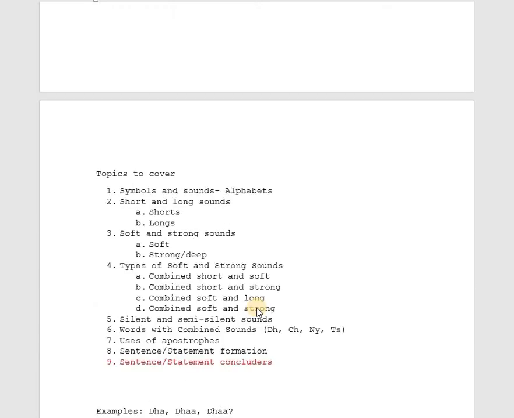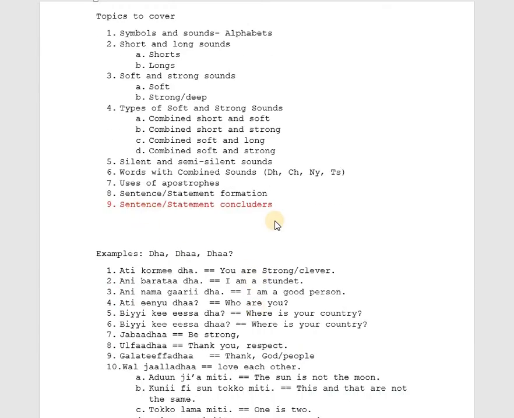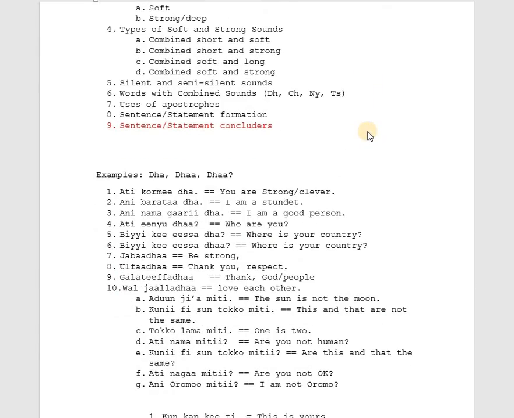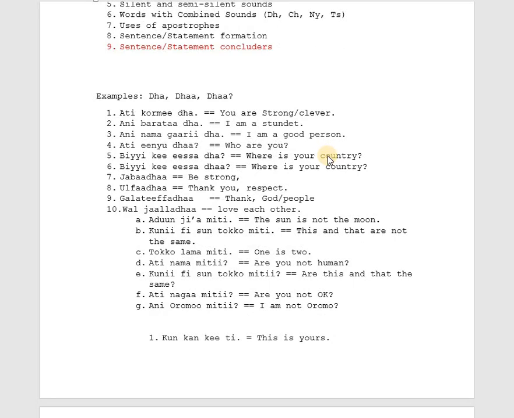Today we are going to see how we write statements, how we conclude statements. I just call them concluders. That is, when we conclude statements or sentences, what are the sounds, the verbs, the words we use there, and it is helpful for communication in the language.